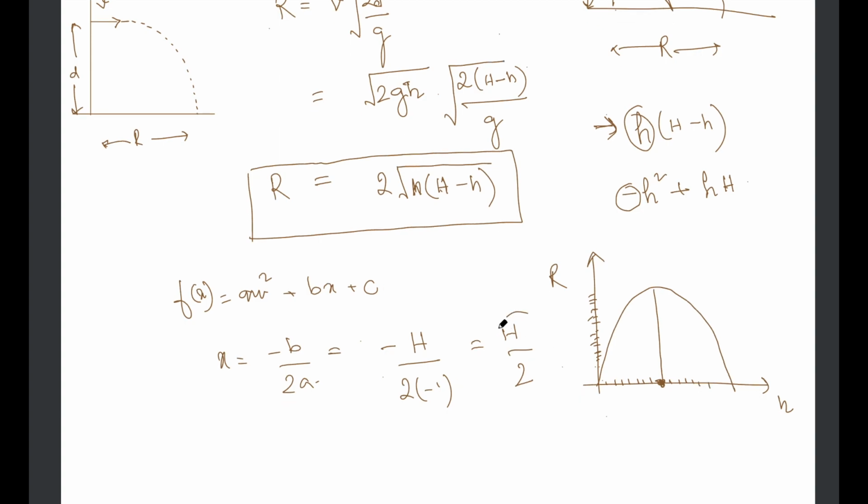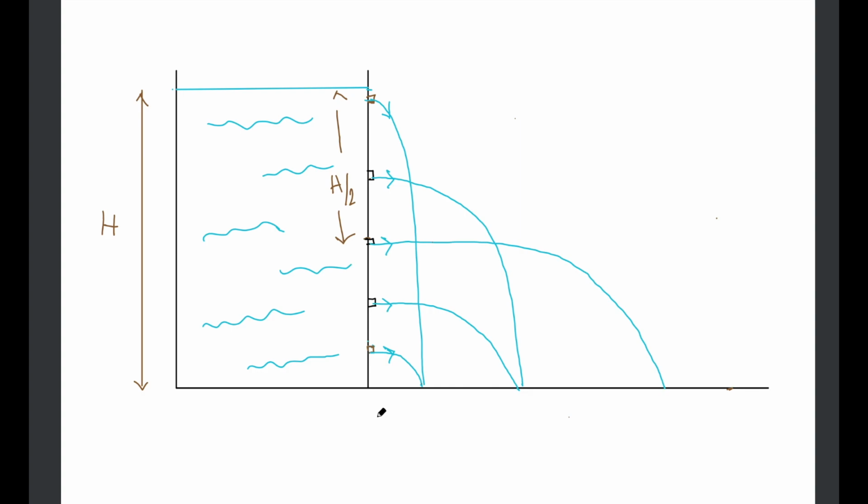So half the depth will get the maximum range. So this is what the scenario actually looks like. At a depth of H by 2, the jet reaches its maximum range. And from either side of this point, the range gradually goes on decreasing as we move further away from this center point. So yeah, the situation described in that diagram was indeed not true.